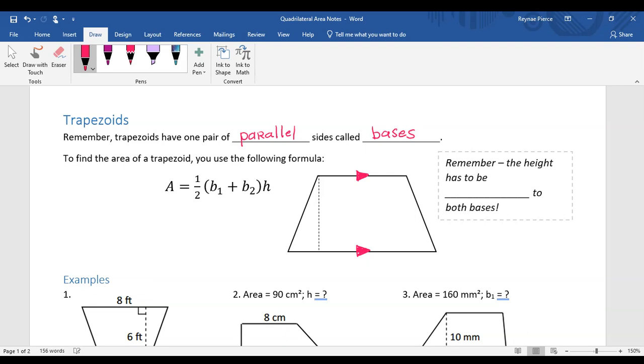And please remember the height has to be perpendicular to both bases. So base 1, base 2, and then here I am going to put that right angle symbol in, and that dotted line represents our height.